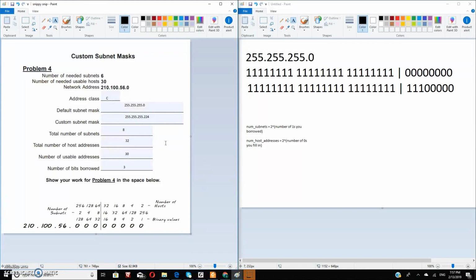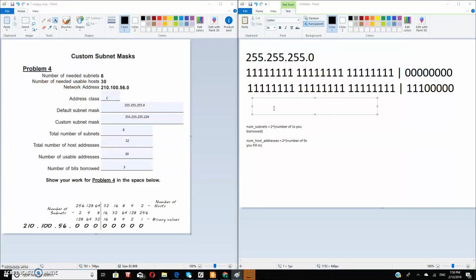And okay, if we had an address class B instead, we would still have 8, and then the demarcation between the network and the host would be in the middle. I can't count.